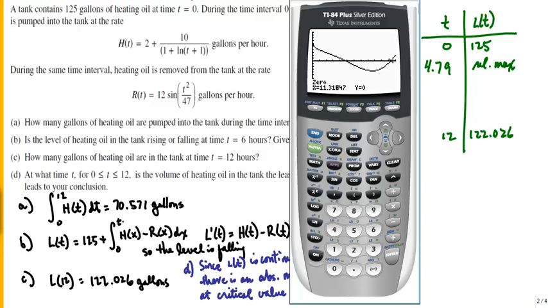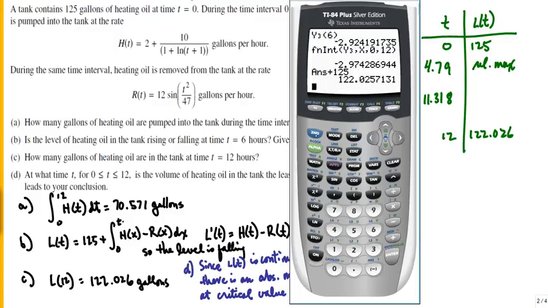11.318. And I'm going to store that value, which is an x value, go out to the main screen, and I can say x store alpha A, and that's the 11.318.